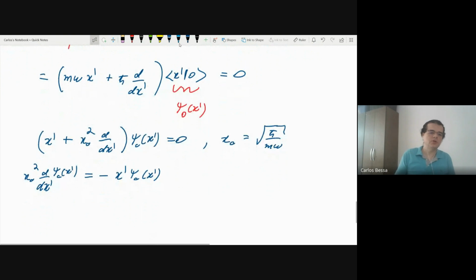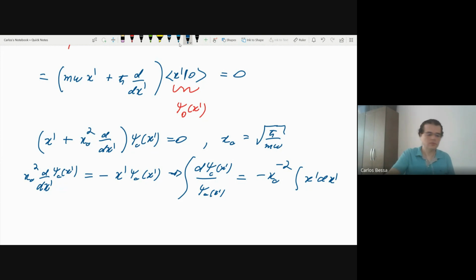So this equation is simple, right? Because this will have just psi 0 equal to minus x0 to the minus 2 integral x prime dx prime.